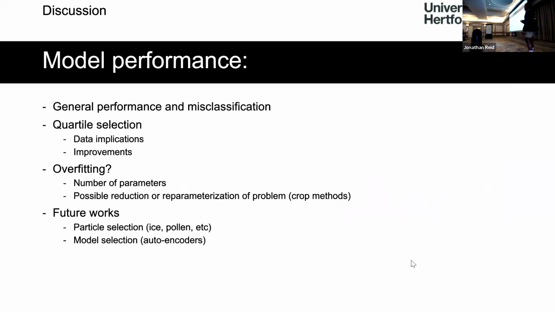Anyway, we've seen this. And just to go back to the model performance again, there are places to improve on the model: general performance and misclassification, which I've touched upon, and consolidating my BG into the same class, irrespective of the pre-processing and the aerosolization that it underwent. Also the quartile selection.